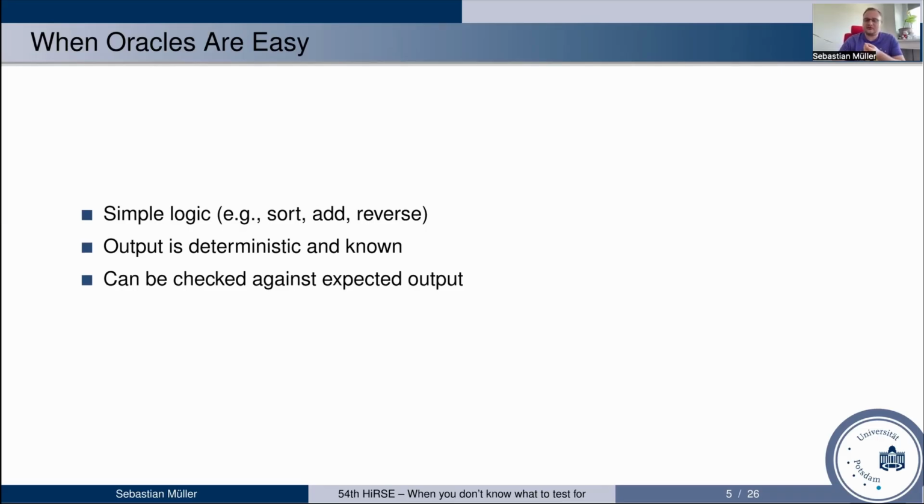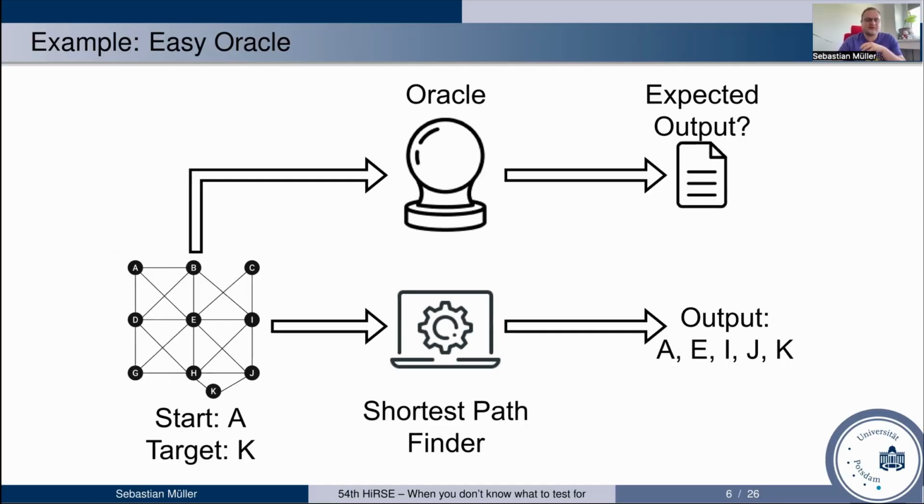As an example, because this feels quite fuzzy again, what happens if we have this network of a graph here, and we want to run from our starting node A to our target node K, and we run that through our program, which in this case is a shortest path finder, and we're generating this following output. Well, we see as humans immediately, okay, we have these 5 nodes that turn up in this output there.